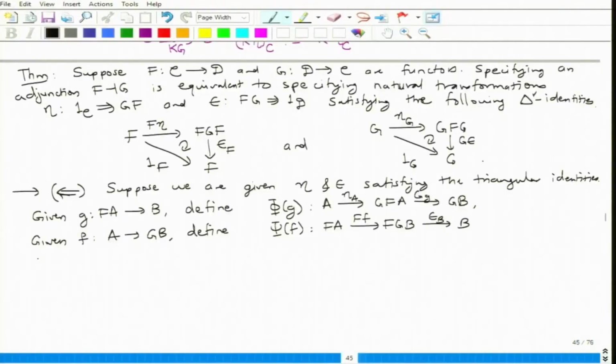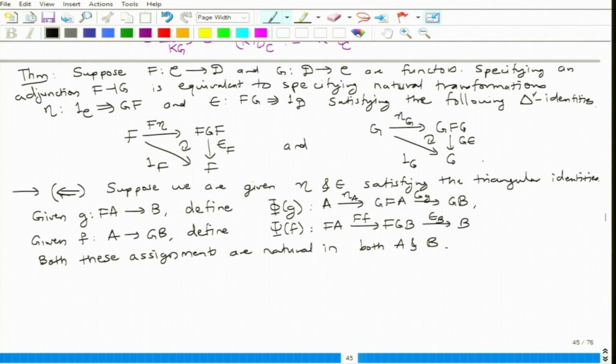Okay, both these assignments are natural in both A and B. We are using the natural transformations eta and epsilon as well as functors. So therefore everything will work fine.